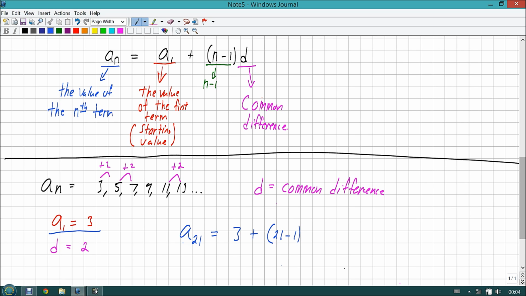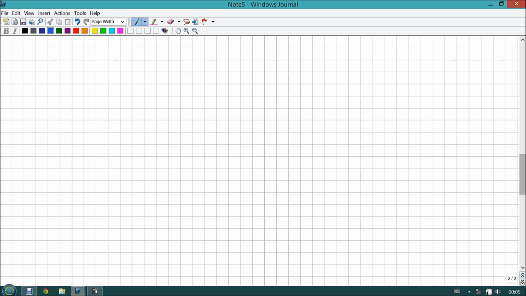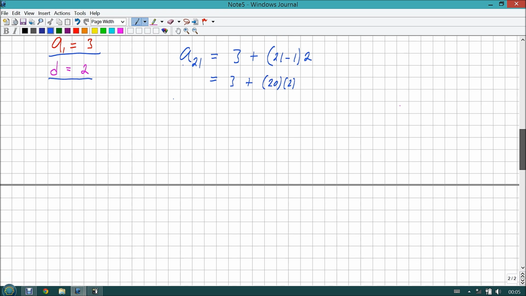And I multiply that by my common difference, which is 2. So the 21st term of this sequence would be 3 plus 20 times 2, which gives us 3 plus 40, or 43.